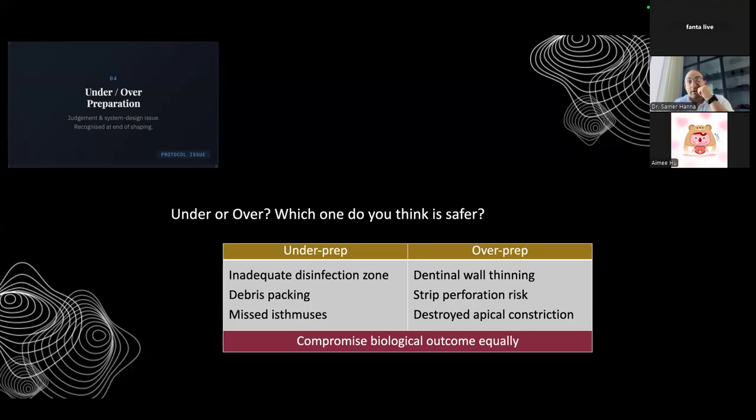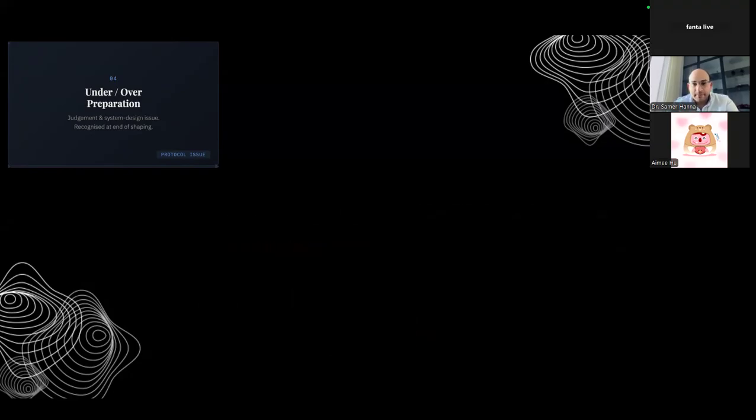Maybe sodium hypochlorite will also be extruded from the canal, causing more irritation and more problems. So we cannot really think that having an accident by hitting a car or hitting a truck is better, because both of them are an accident. So let's try not to think this way, and let's try to do everything possible to reach the correct length.